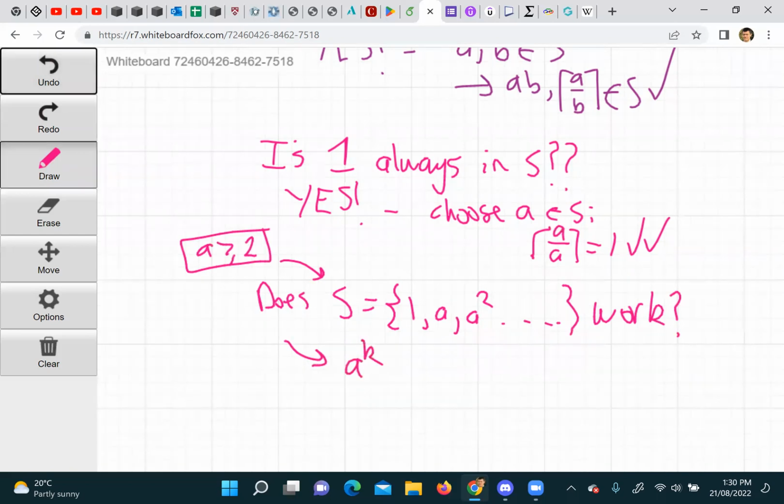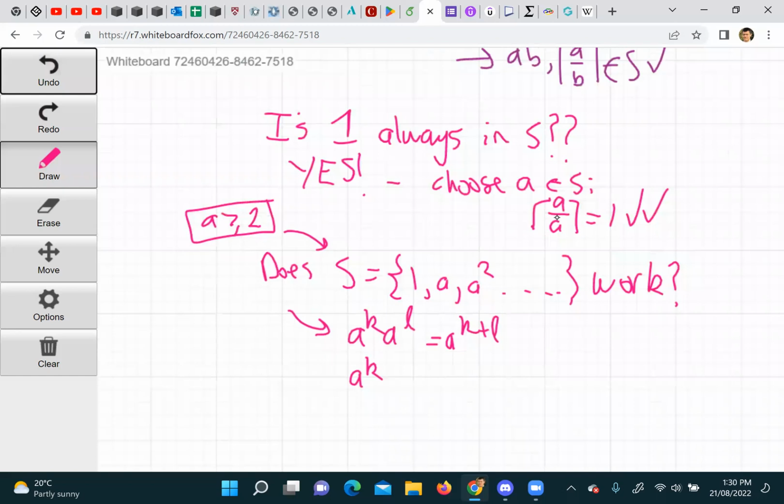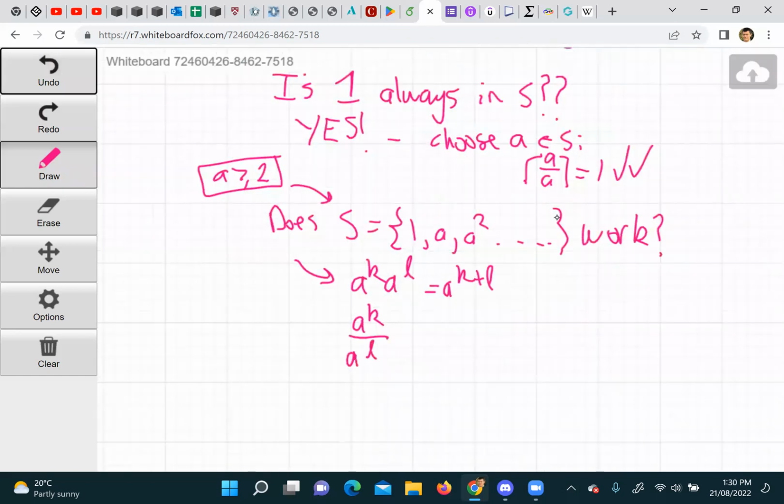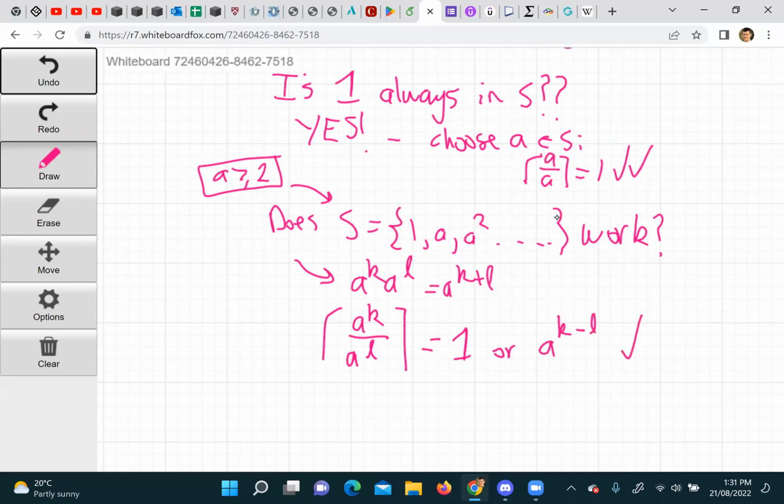It indeed works. What does it say? A^K over A^L is either equal to 1 or something, or minus 1. Yes, that's right. So this is correct, K is less than L.